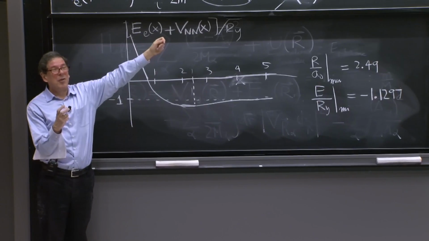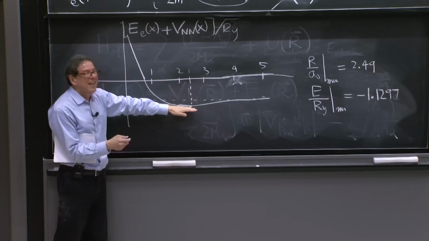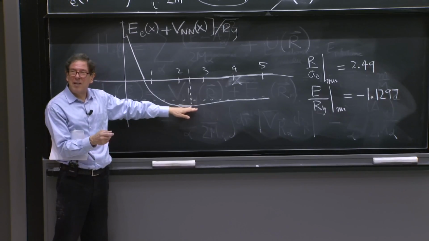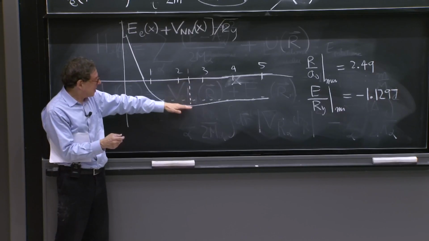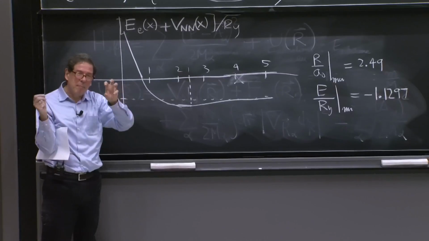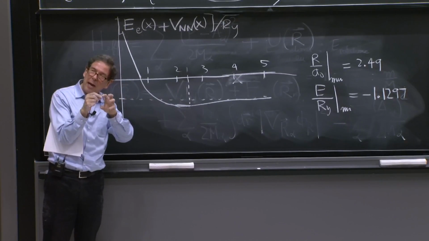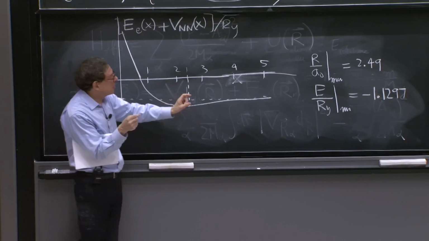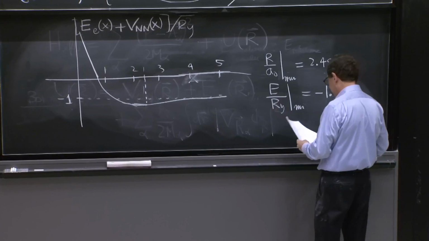So there is a bound state energy, but it is not conceptually right to think of it as this big energy. It's just this little part here, the extra binding that you can have when you bring a proton near to the hydrogen atom.